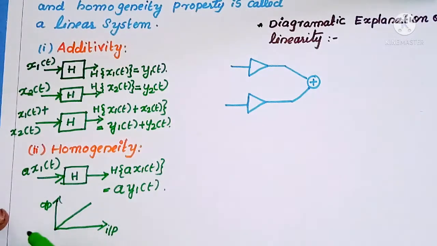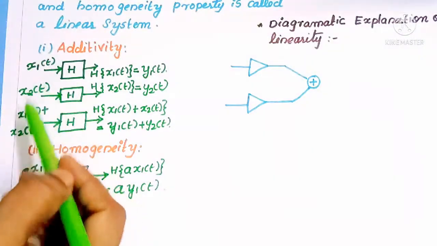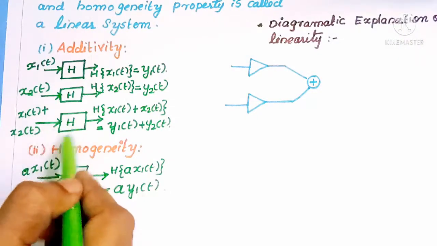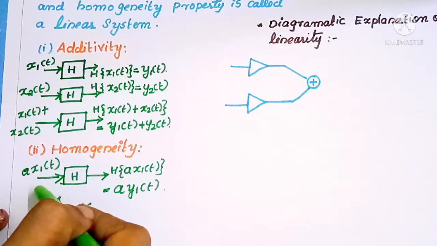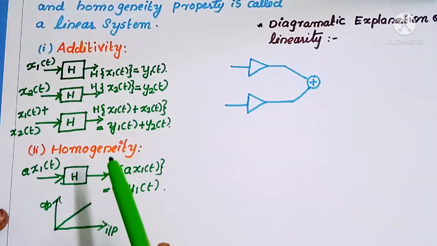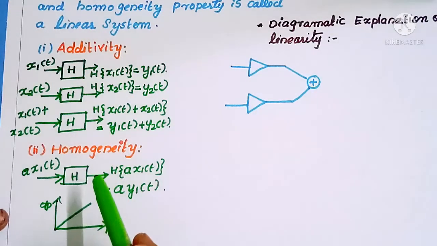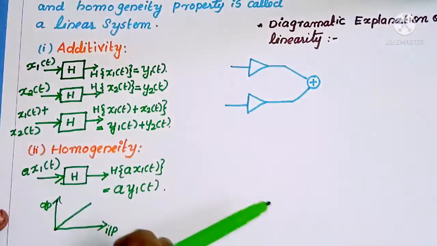If we change the input signal, it is reflected in the output signal. If we add signals, it is reflected in the output response. If we perform a scaling operation, it is reflected in the output. So there is a linear variation in the system response, and we call this a linear system.